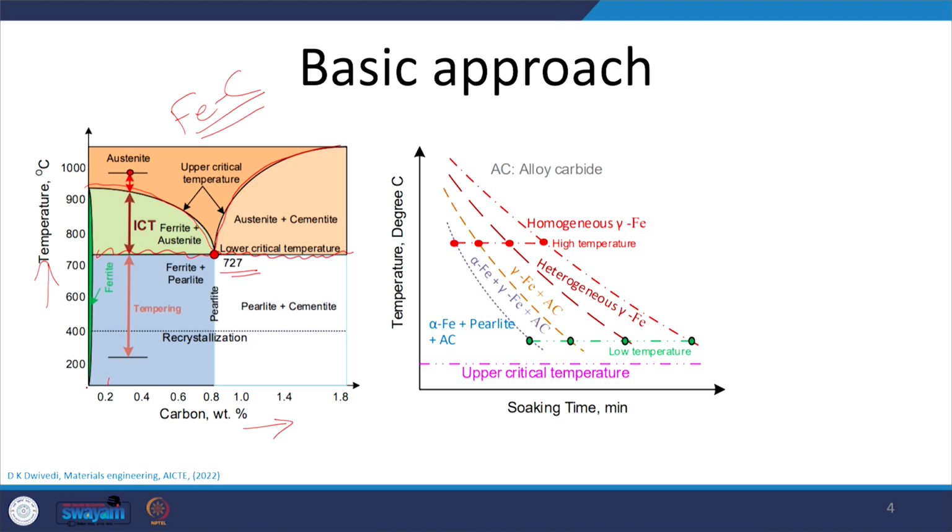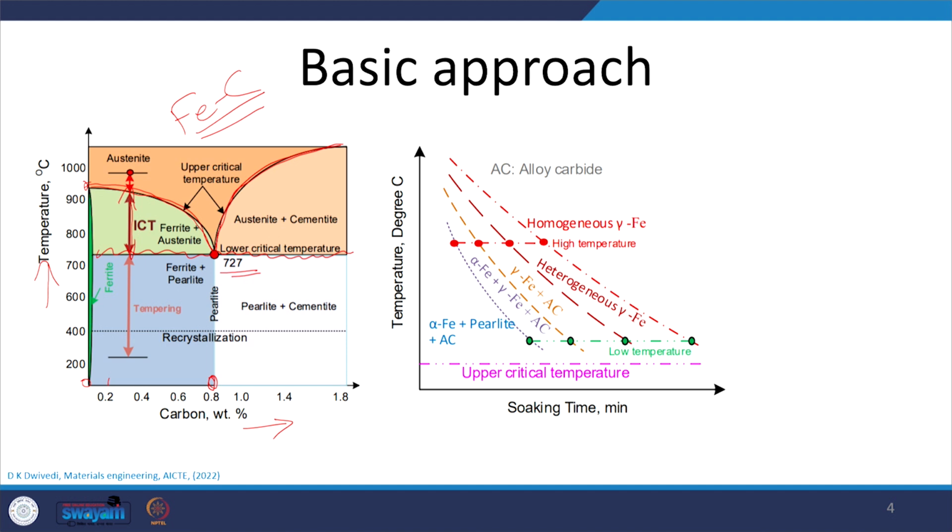For 0% carbon it is 910, and then it keeps on decreasing and reaches 727 at about the eutectoid composition, that is corresponding to about 0.8%, and then again it starts increasing with the further increase of carbon content and the other various phases. When the heating is done between the upper and lower critical temperatures, it is called intercritical temperature heating.